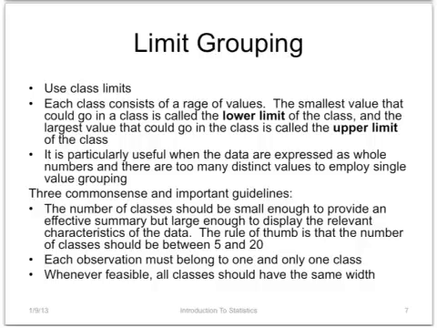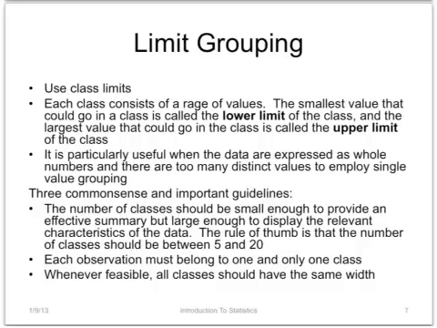The next example we'd like to take a look at is using what we call a limit grouping. In this case, we are actually going to use class limits. We're going to form some bins, a range of numbers, and with the range of values we have a lower limit and an upper limit. We'll discuss and demonstrate those.